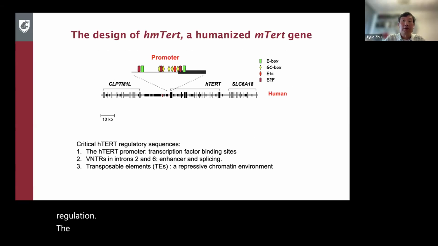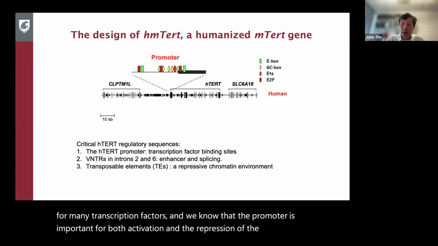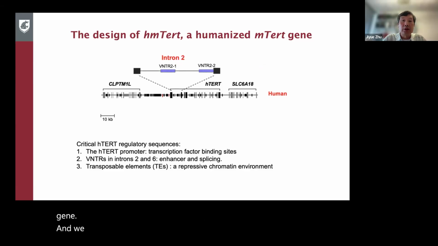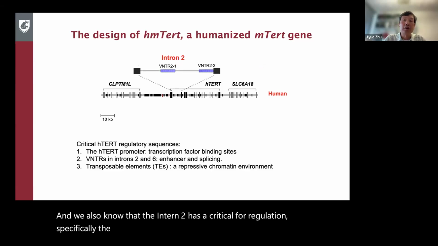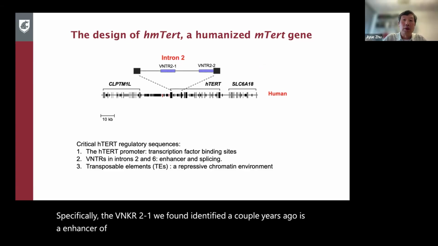The promoter is important. The promoter contains the binding sites for many transcription factors, and it is important for both activation and repression of the TERT gene. We also know that intron 2 is critical for TERT regulation. Specifically, the VNTR2-1 we identified a couple of years ago is an enhancer of the TERT gene that's required for TERT expression in cancer cells.